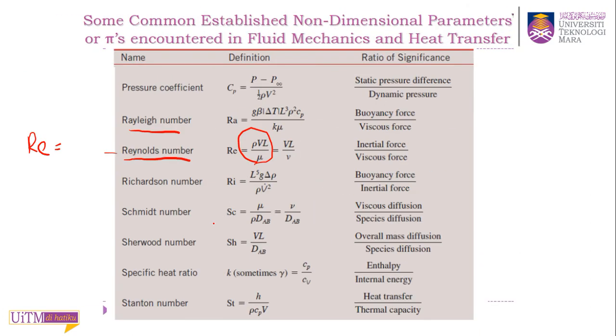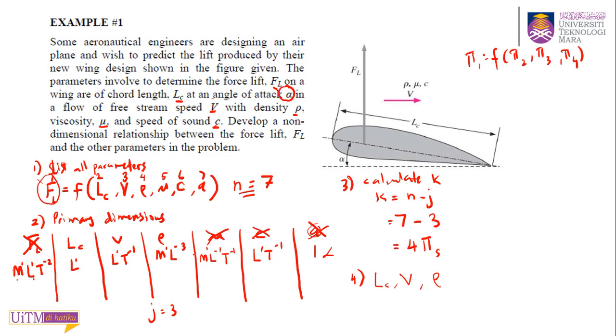Even though normally the question gives the repeating variables already, let's say this year they don't provide them to you, so you need to know how to use this guideline to choose the repeating variables. So now we have done our step 4.